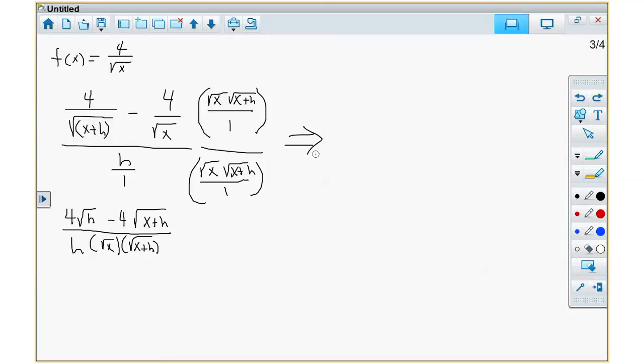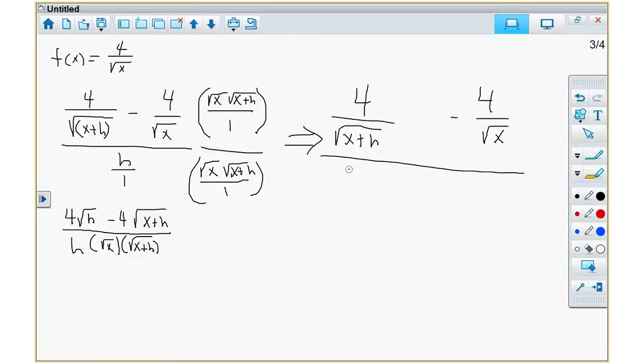Let me finish this baby step right quick. I'm going to rewrite my problem. 4 over the square root of x plus h. I'm going to leave a space there. And then 4 over the square root of x over h over 1. Now I'm going to take my blue marker and I'm going to multiply.